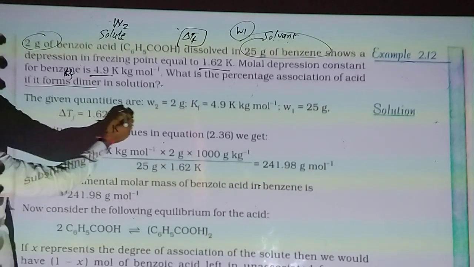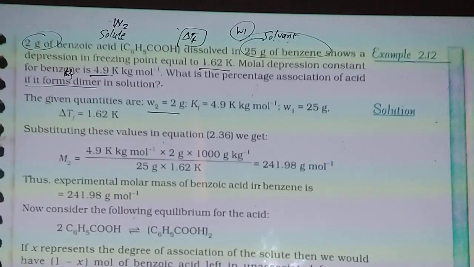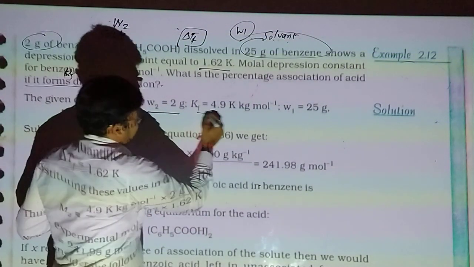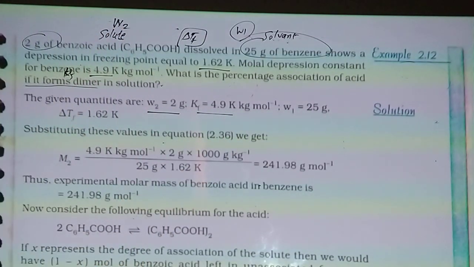The given quantities are W2 2 gram, Kf 4.9. Find the percentage of association of the acid, which forms a dimer in the solution. Dimer means two molecules are combining. W1 is 25 gram, delta TF is 1.62.